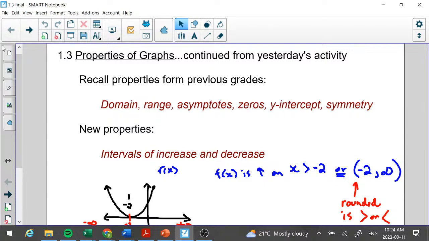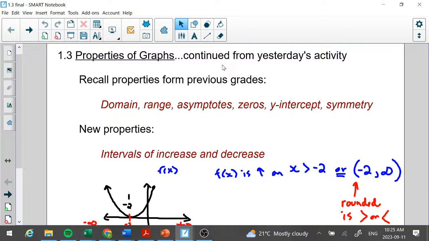So if I start from there, and I start moving towards the right, is my cursor arrow increasing or decreasing? Decreasing. So you would say, the curve is decreasing. Wrong. It's decreasing sometimes, and sometimes it's increasing.